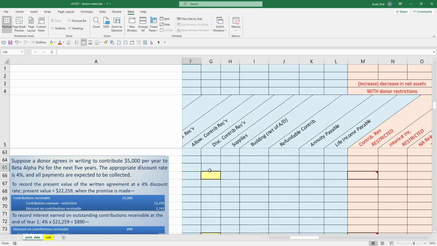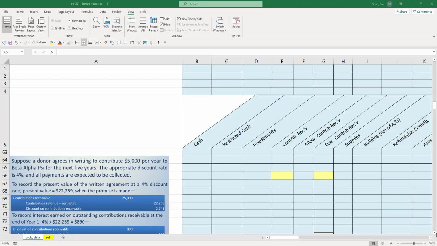What's the next journal entry here? This is the most tricky part of this chapter, dealing with contributions several years out into the future. What if a donor agrees in writing to contribute $5,000 per year to BAP for the next 5 years? Hey, that's very nice. We appreciate the contribution.